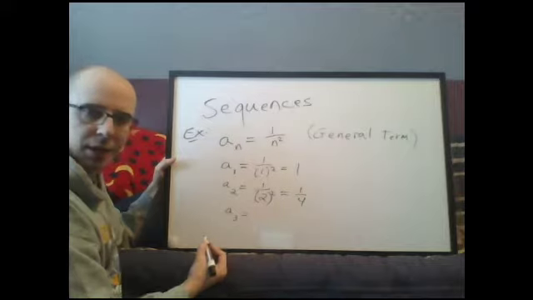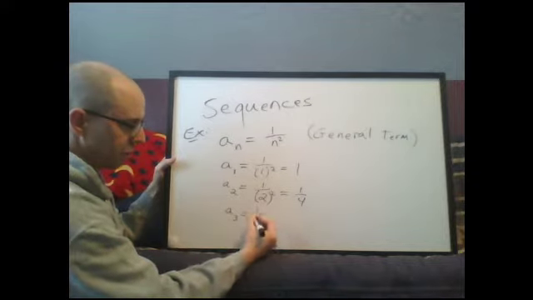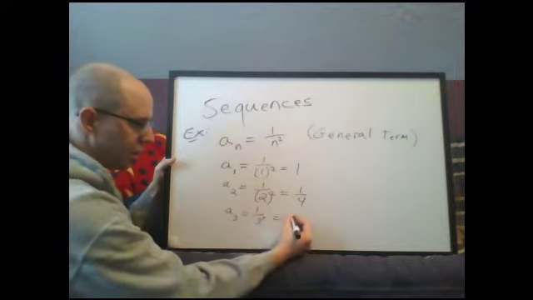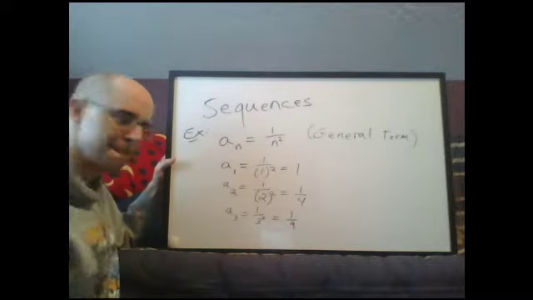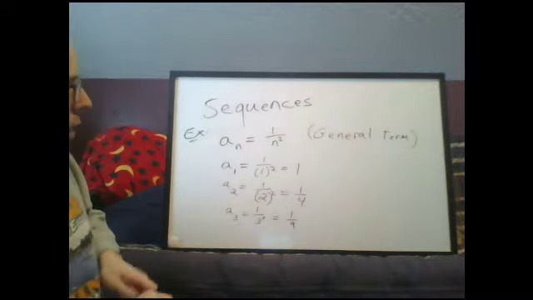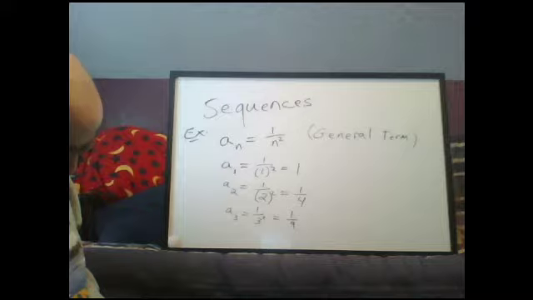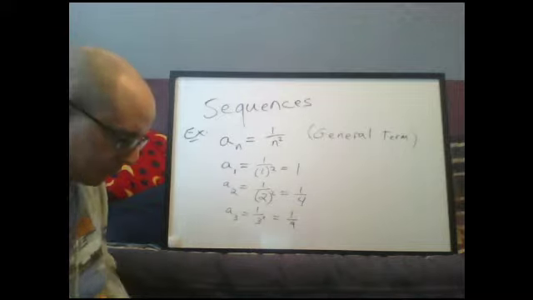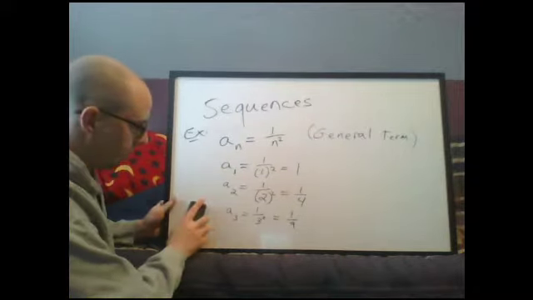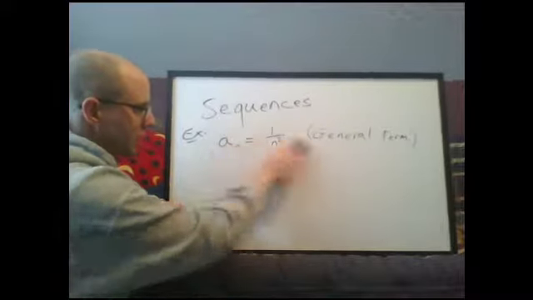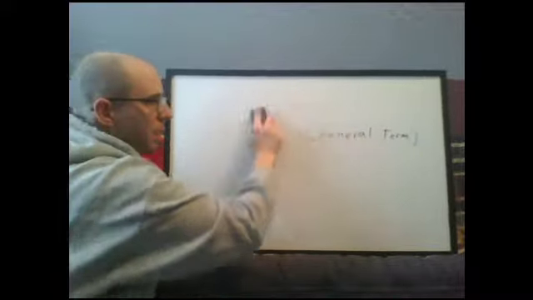A sub 3, 1 over 3 squared, which would be 1 over 9. So a sequence is a function whose domain is essentially the natural numbers or the positive integers, or non-negative integers sometimes.